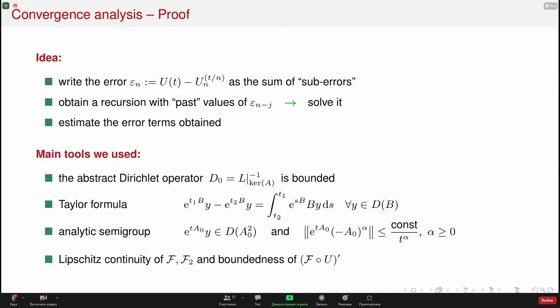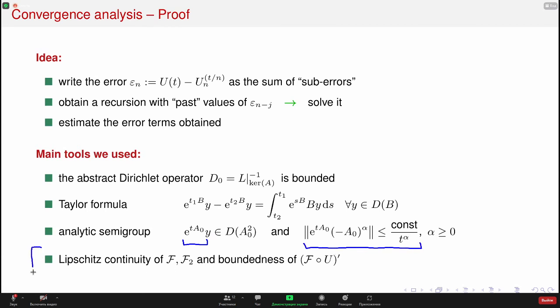The main tools we used: that the abstract Dirichlet operator is bounded. Of course, as in any convergence proof, also in one dimension or in R, we use the Taylor formula, which looks like this, for example, or also for the higher order terms, also for the second order terms. We use that this A naught generates an analytic semigroup, and therefore we also have this estimate, which is very important in these proofs.